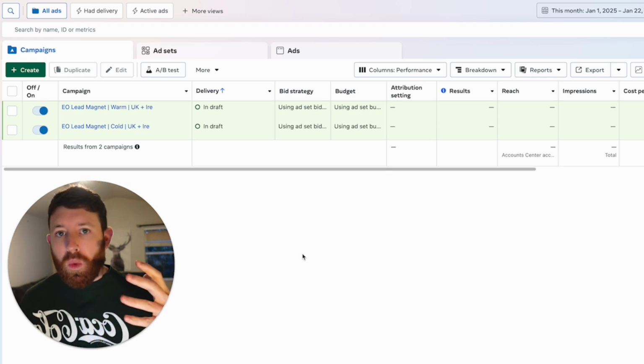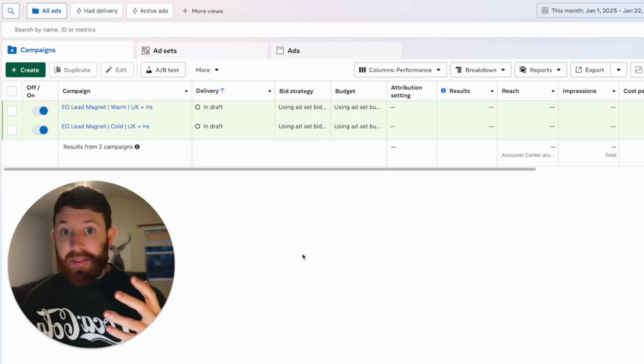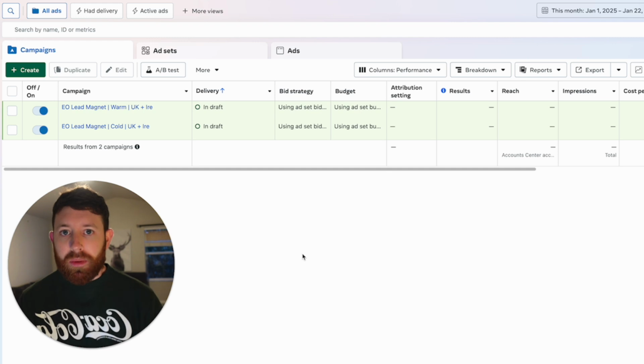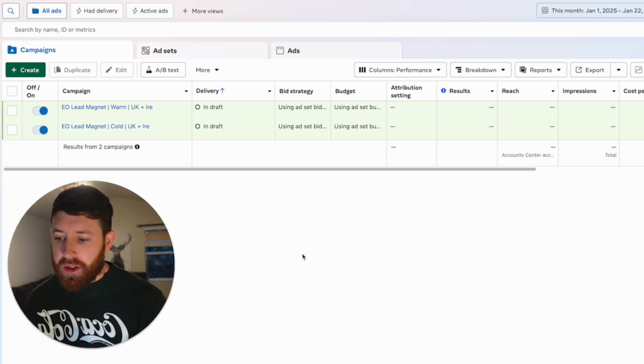In fact, you would want to maximize that at the best cost per lead that you possibly could to get those people to actively opt in or to take meaningful action on the other side.